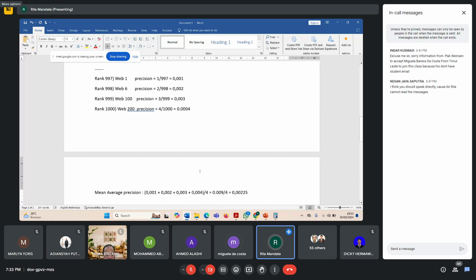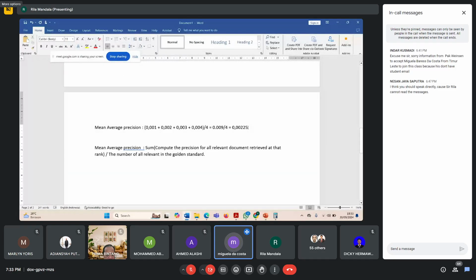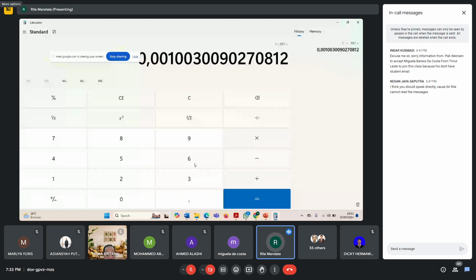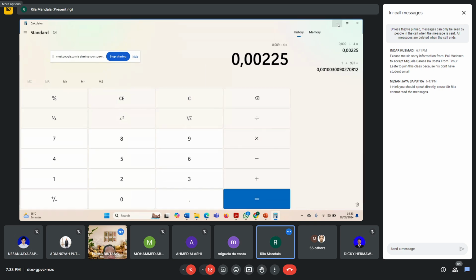Okay, now we compare. The total is 0.009, no, 0.010.